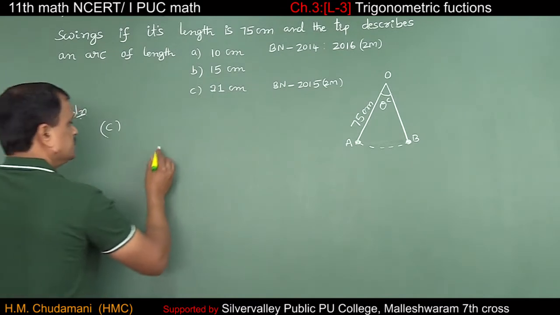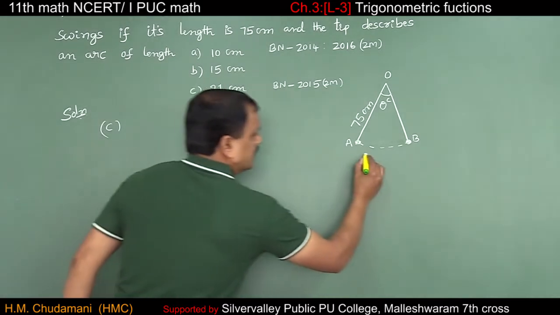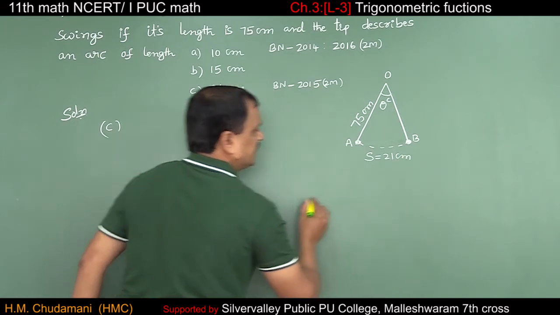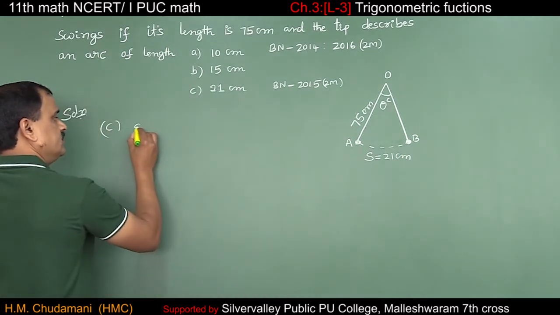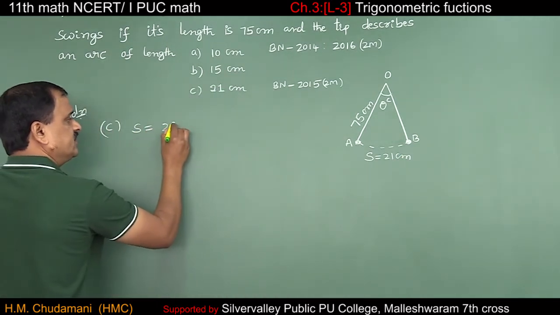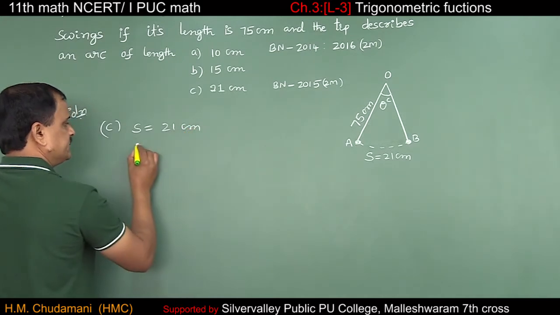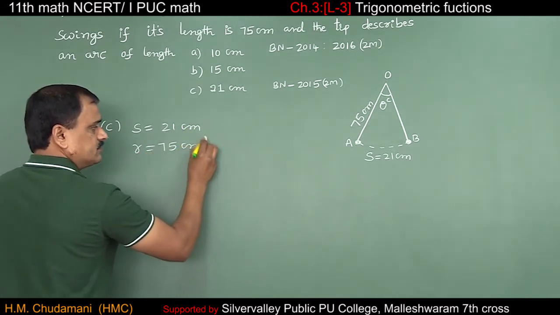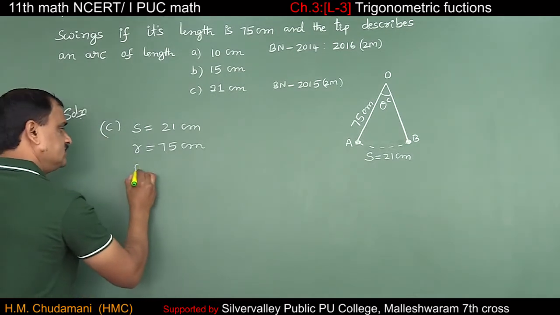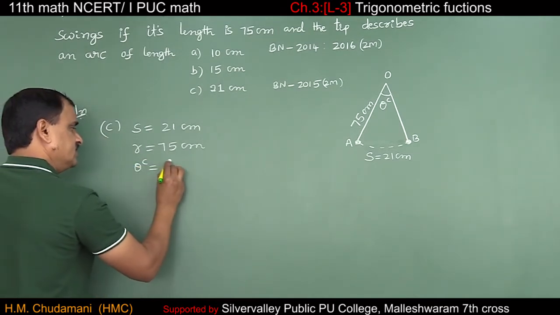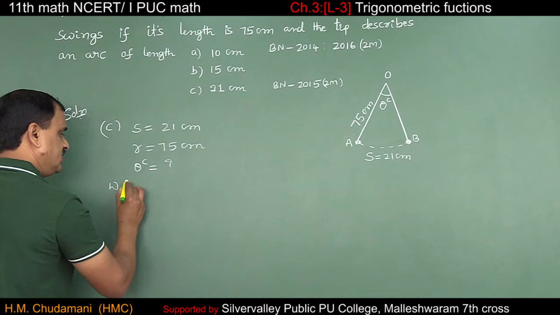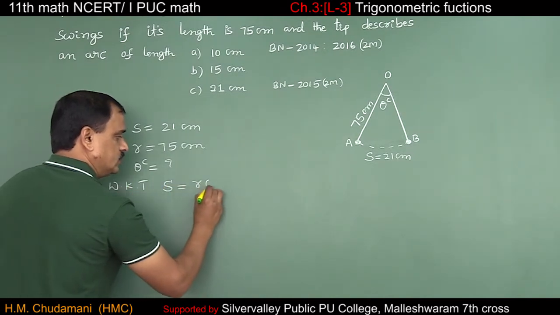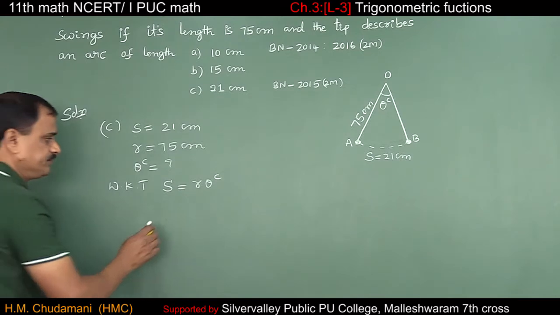Third case, arc length S is equal to 21 centimeter. R is 75 centimeter and theta radian, question mark. We know that the arc length S is equal to R into theta radian.